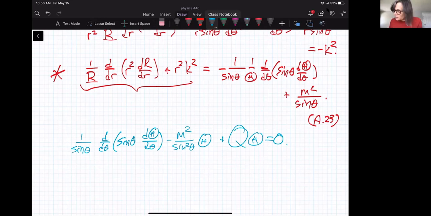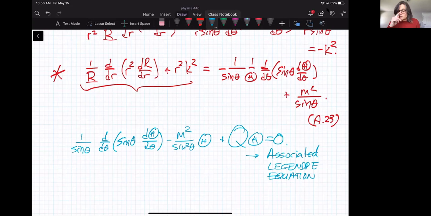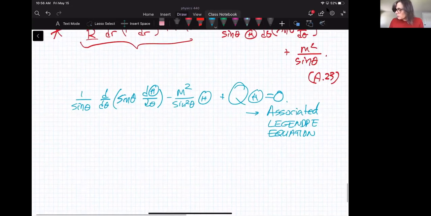Basically, this equation is the generating equation for, or this is the associated Legendre equation. The solution to which is the associated Legendre polynomials.